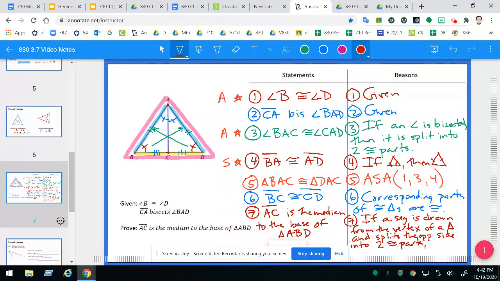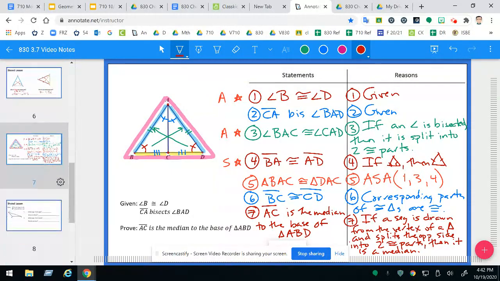It splits BD into BC and CD, which are congruent. Then it is a median. Okay, and that's how we apply that new theorem.